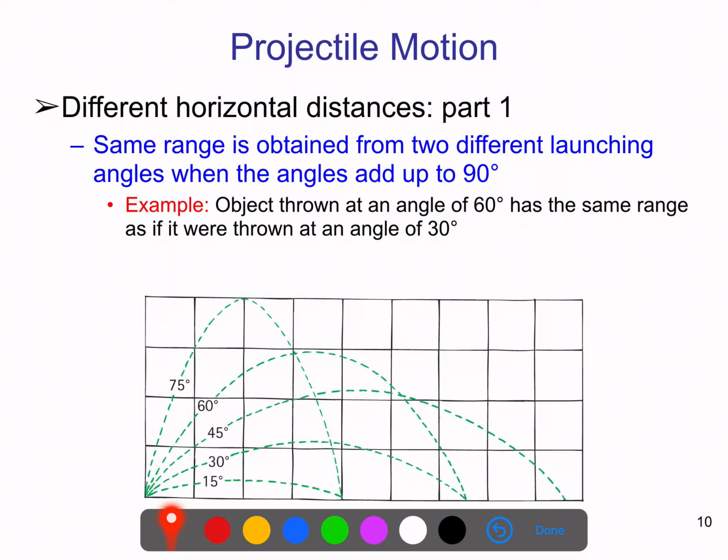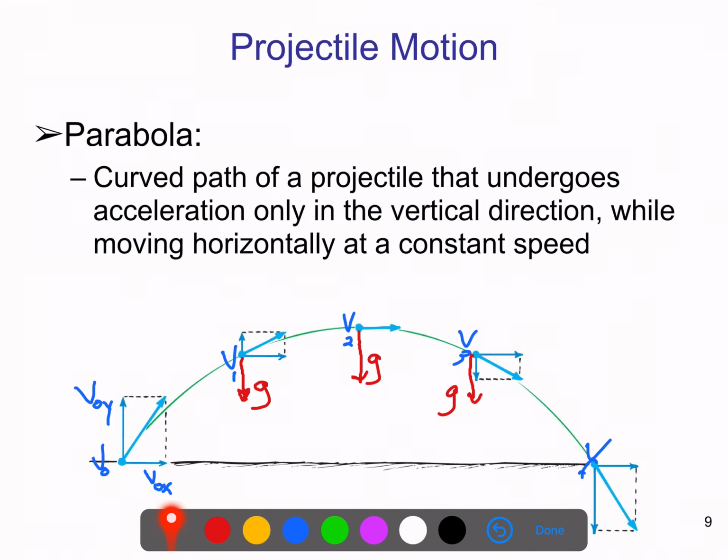That is the same magnitude of the overall velocity. And what do I mean by that? Let's go back a slide. So the horizontal component and the vertical component, if I do the Pythagorean theorem as we talked about before with vectors, then I get this magnitude of the overall velocity.